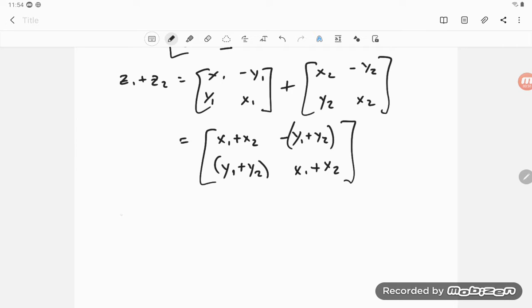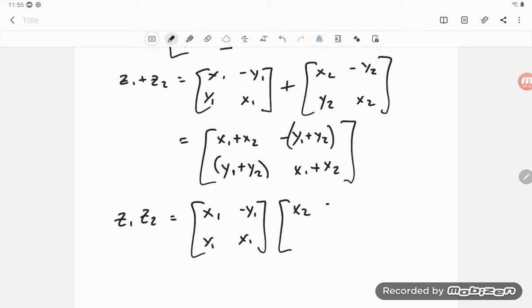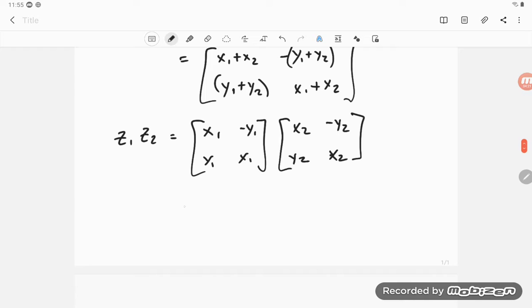And what about multiplication? If I took z1 times z2, that's x1 minus y1, y1, x1, and x2 minus y2, y2, x2. Multiplying those together, I get a 2x2 matrix. I'll get x1 x2 and then minus y1 y2.